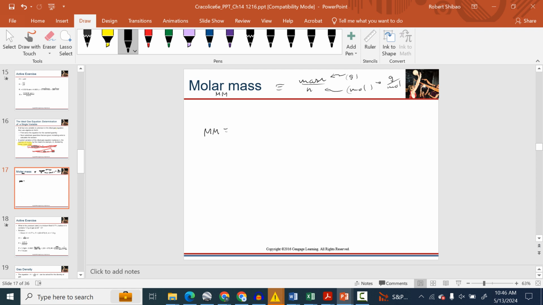Molar mass is equal to the mass over moles. But for moles, we have to remember n, the amount of gas in moles. So we can substitute that in here. This is just going to equal the mass over n.